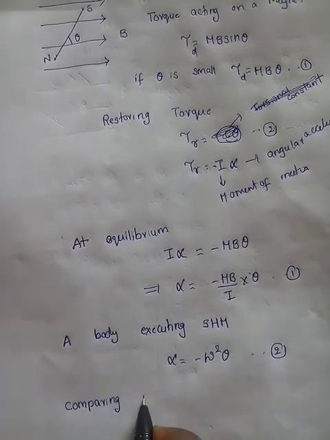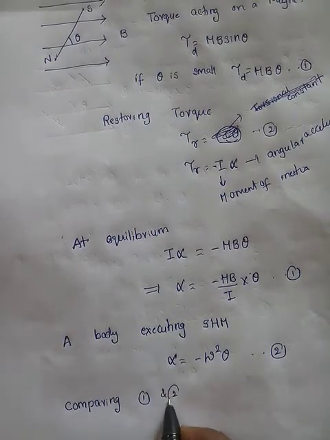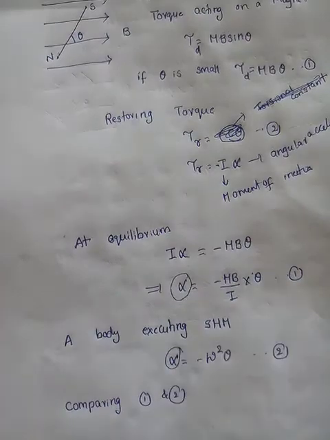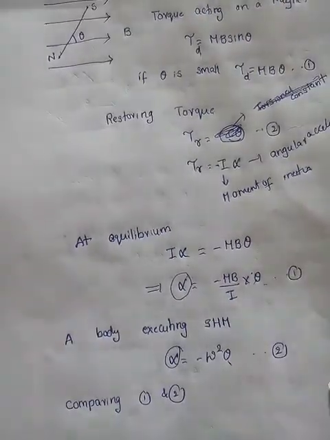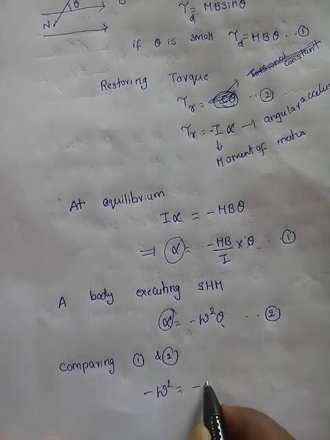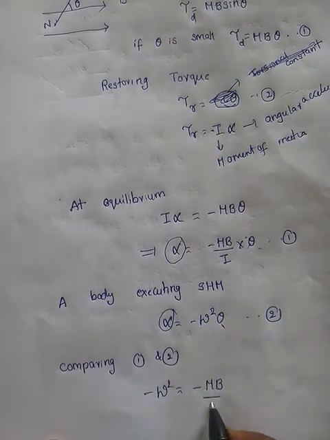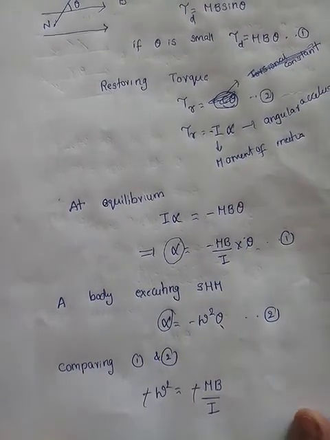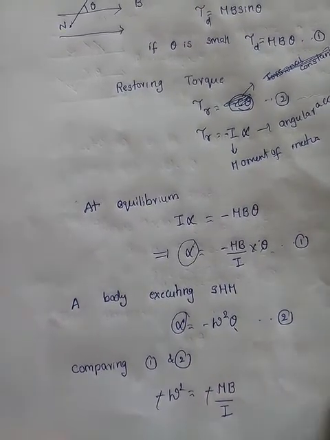Comparing equation 1 and 2, here alpha is angular acceleration, here also it is the same, and theta and theta are the same. What you can write? Minus omega square is equal to minus mB by I. Minus minus cancel. What equation did you get?